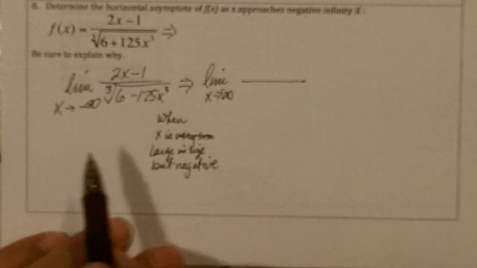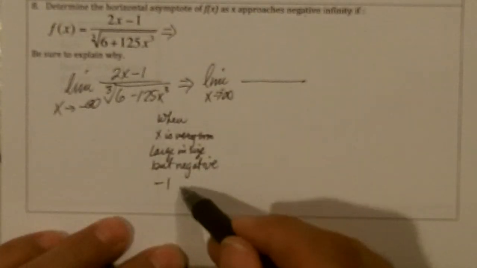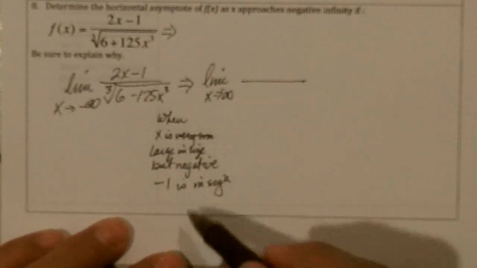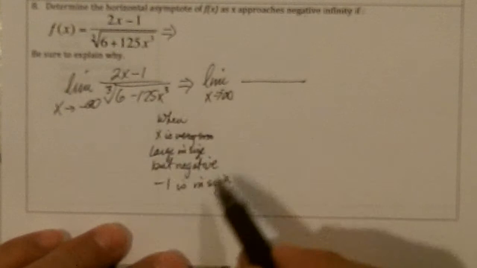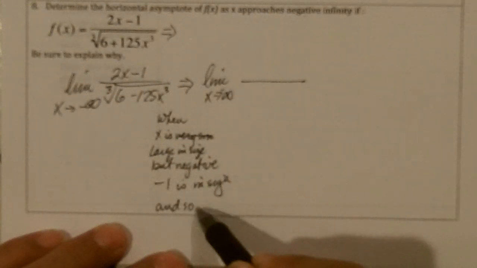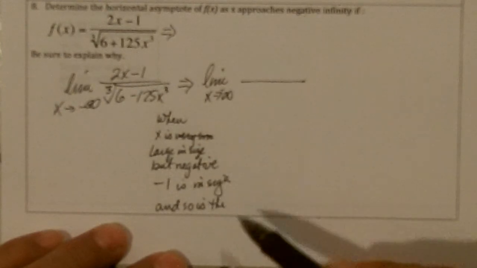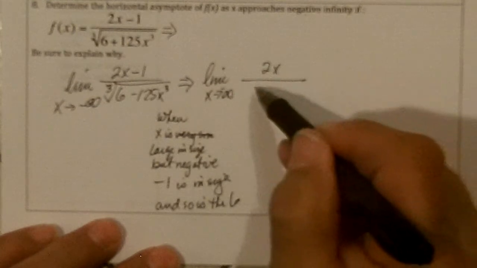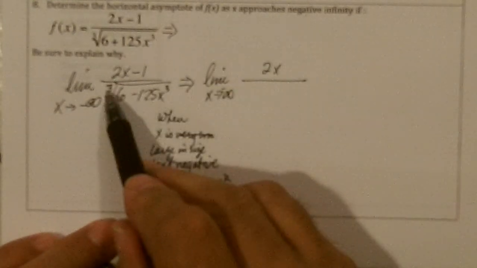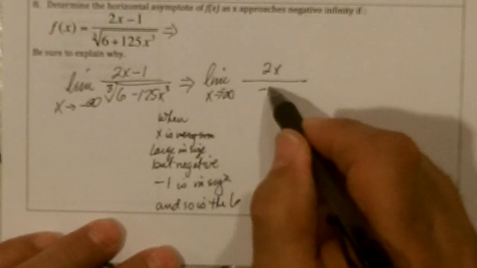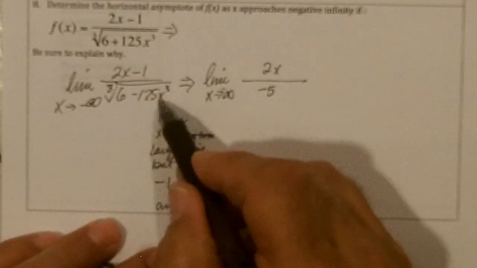The minus 1 is insignificant, and so is the 6 in the root. So we get 2x over, and the cube root of negative 125 is negative 5, and the cube root of x to the third is x.